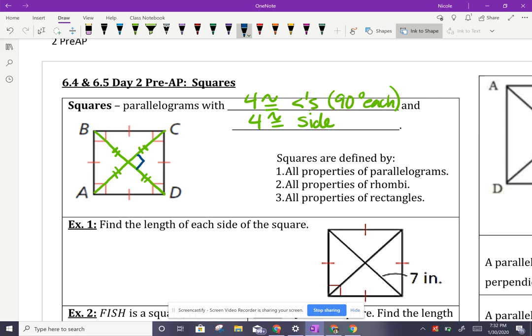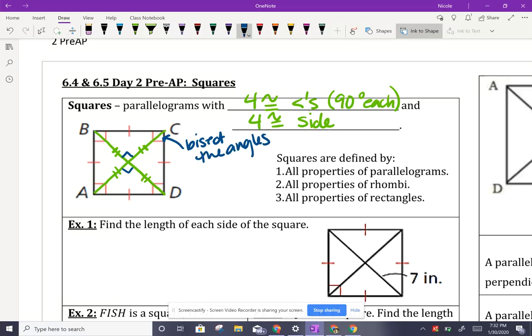So you have right angles at the diagonal crossing point, which if you take into account, it's also bisecting. The diagonals also bisect the angles.